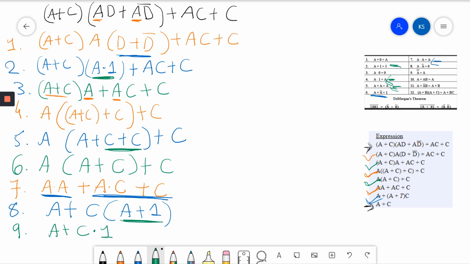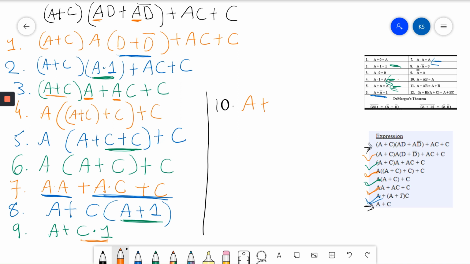Okay, and the last step, that is my 10th step, would be a plus c dot 1. Now let's see c dot 1. So c dot 1 means, this fourth rule, right? My fourth rule, a dot 1 is equal to a.